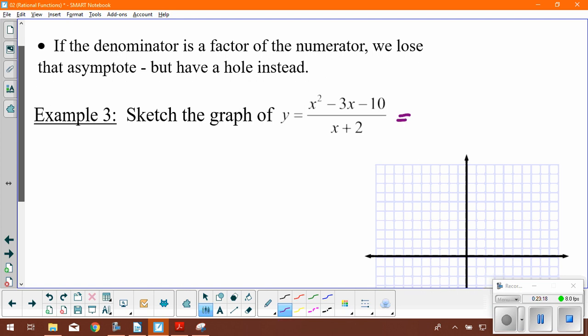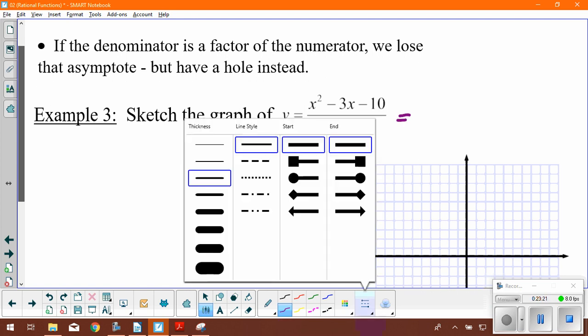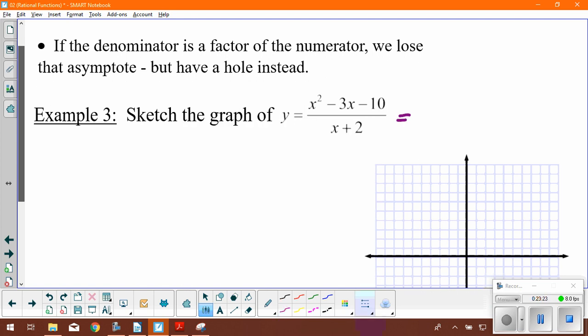So same idea. If I factor this, I'm going to have, let's see, well, negative 10. So it's going to be x plus 2 and x minus 5 over x plus 2.